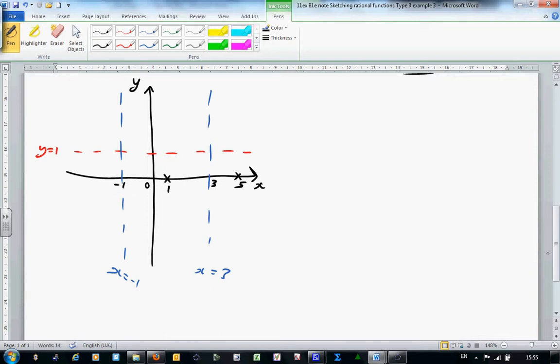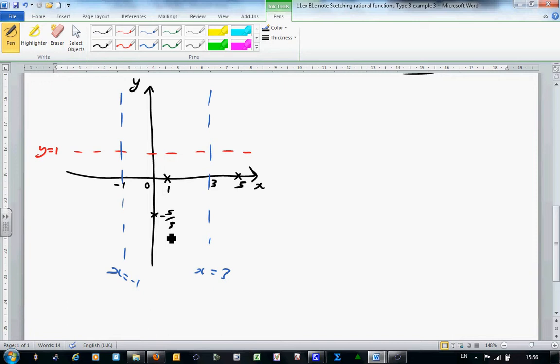So, what does the graph look like? It must go through or touch the intercepts. It cannot cross the blue vertical asymptotes, but it can cross the horizontal. So let's have a look. We'll do what we did before, which is the x-y thing. Okay, so let's look at the critical values.